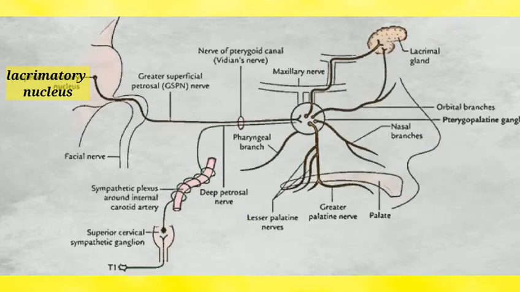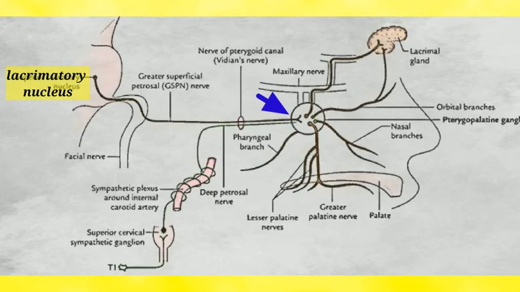This parasympathetic or secretomotor pathway starts from the lacrimatory nucleus present in the lower pons, which gives out the preganglionic fibers. These fibers pass successively through the nervus intermedius, the trunk of the facial nerve, the geniculate ganglion of the facial nerve, the greater petrosal nerve, a branch of the facial nerve, and through the nerve of the pterygoid canal, it relays in the pterygopalatine ganglion.